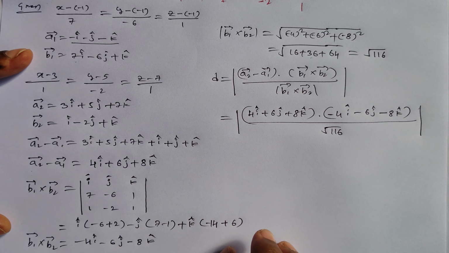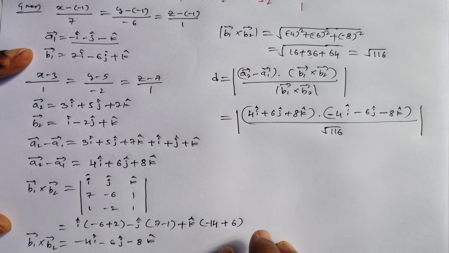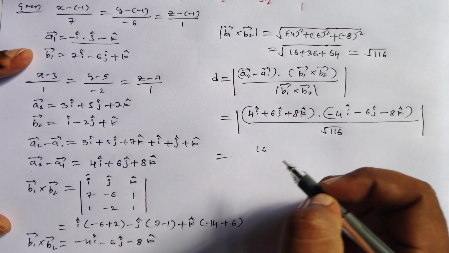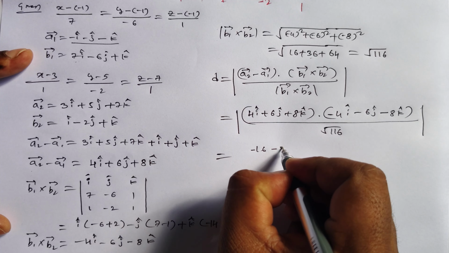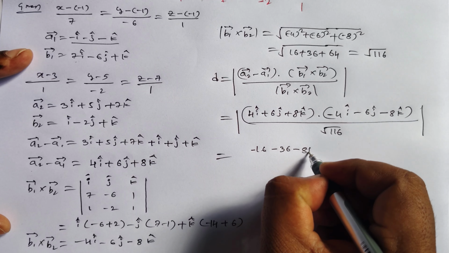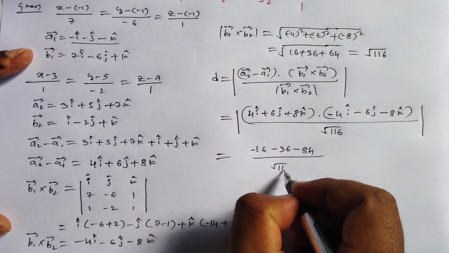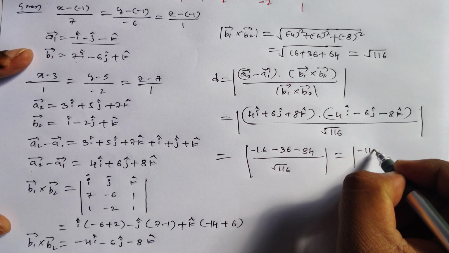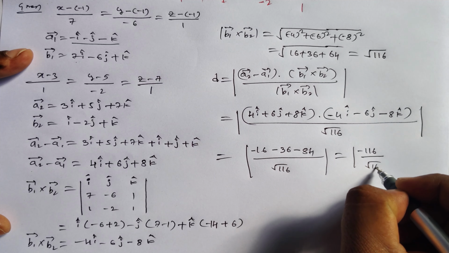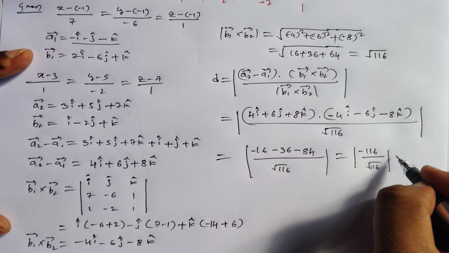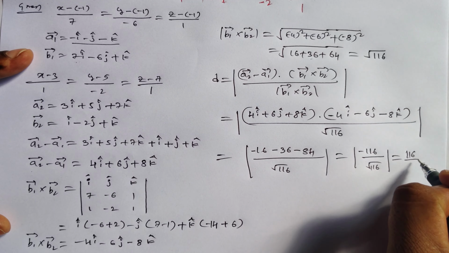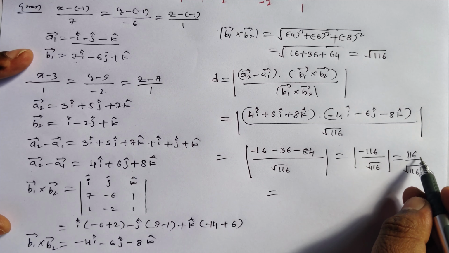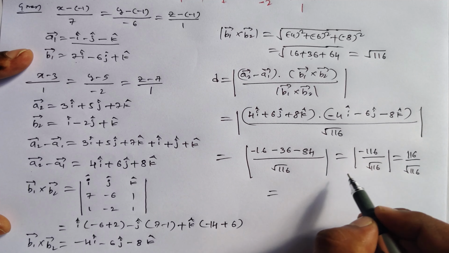Okay, so next what? Just multiply the coefficients. 4 fours are 16, minus 16 minus 36 minus 64, divided by root 116. Okay, minus 116 divided by root 116, right? So distance will be positive, 116 divided by root 116, that is equal to root 116.